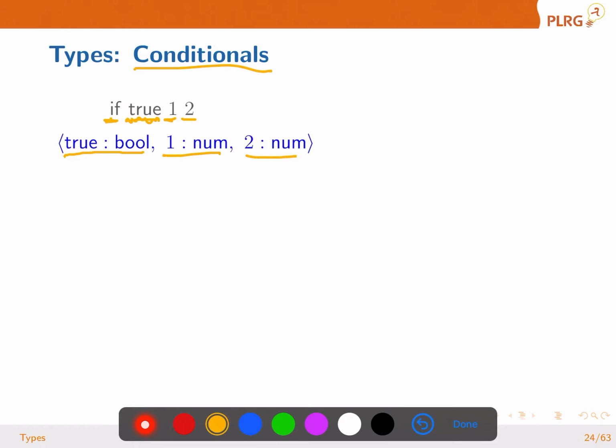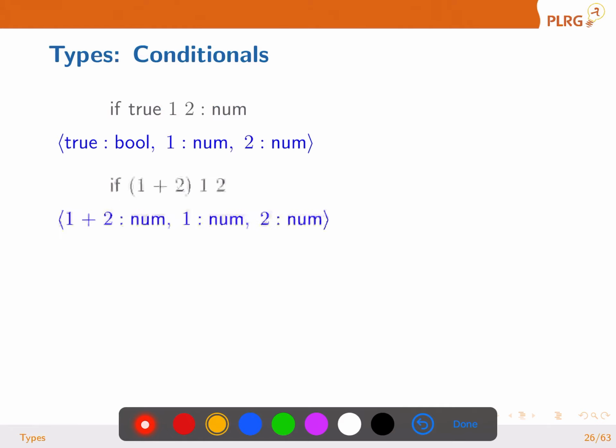So the if expression expects a Boolean value for the conditional expression E1. And for E2 and E3, whichever branch is taken, both are numbers. So we can safely say that the type of this whole expression is num. Yay, clean. How about this?